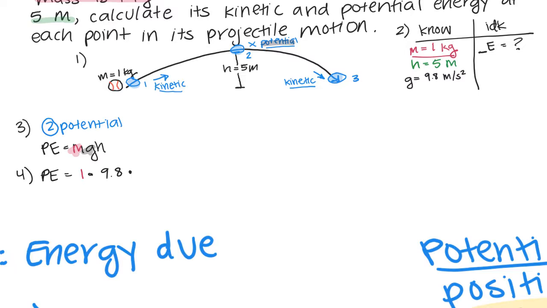And then I'm going to also multiply that by the object's height, which we know from the problem at this point is 5 meters. Now, once I multiply all of those together, I get my potential energy at position 2.